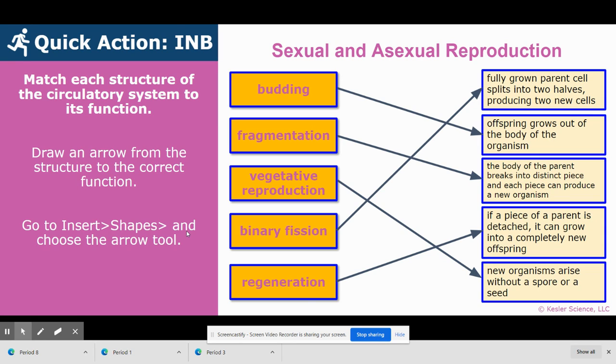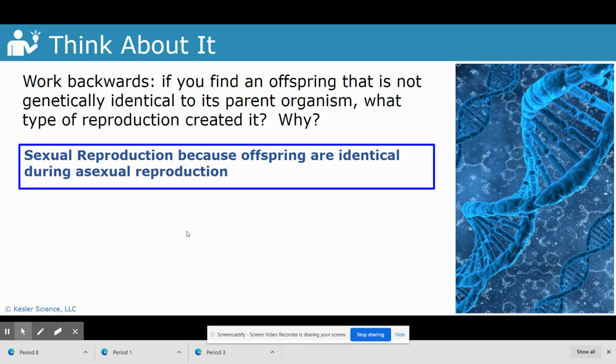Fragmentation is when the body of the parent breaks into a distinct piece, and each piece can produce a new organism. Vegetative reproduction is when a new organism arises without a spore or a seed. Binary fission is when a fully grown parent cell splits into two halves and produces two new cells. And regeneration is when a piece of a parent is detached. It can grow into a completely new offspring.